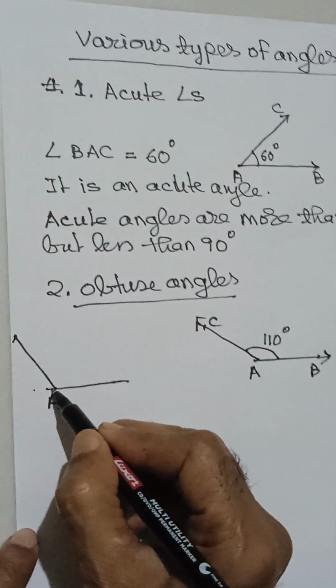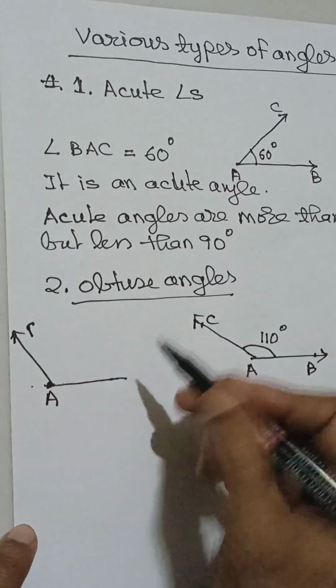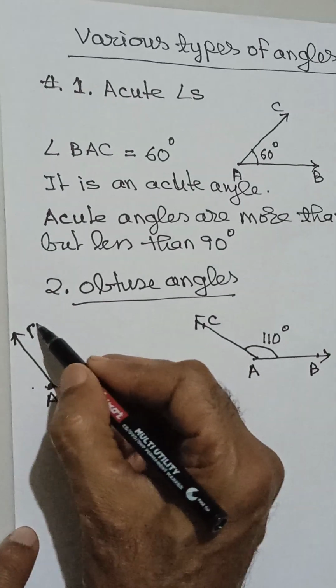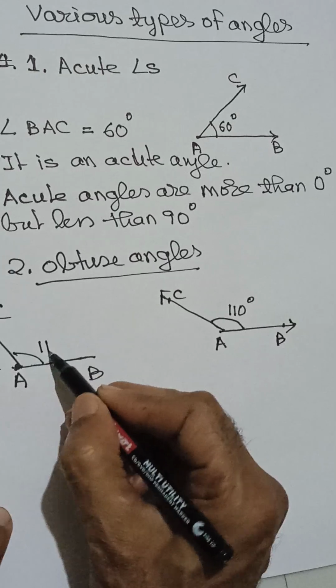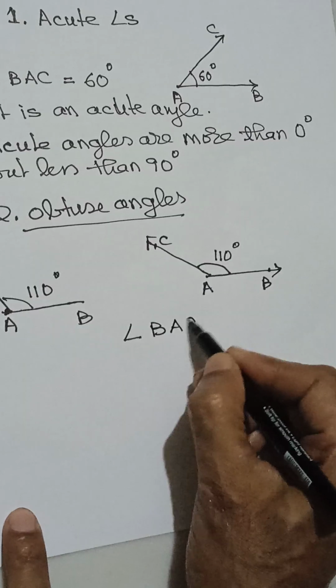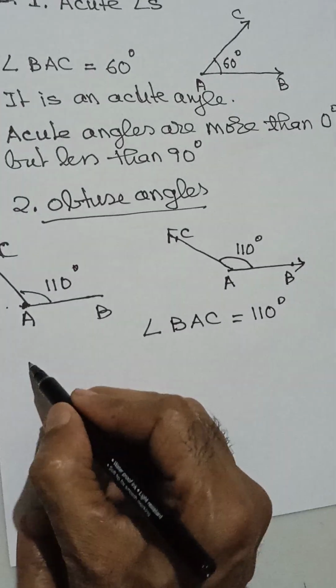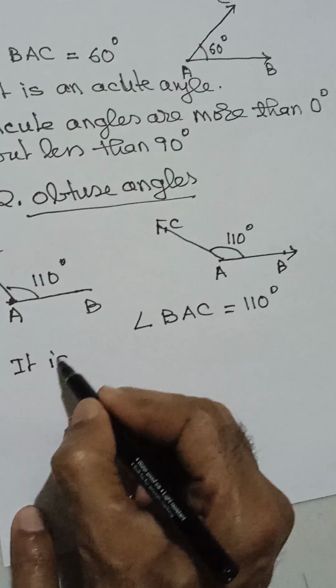Here it is A, here it is B, and here it is C. So it is 110 degrees. So angle BAC is equal to 110 degrees. It is an obtuse angle.